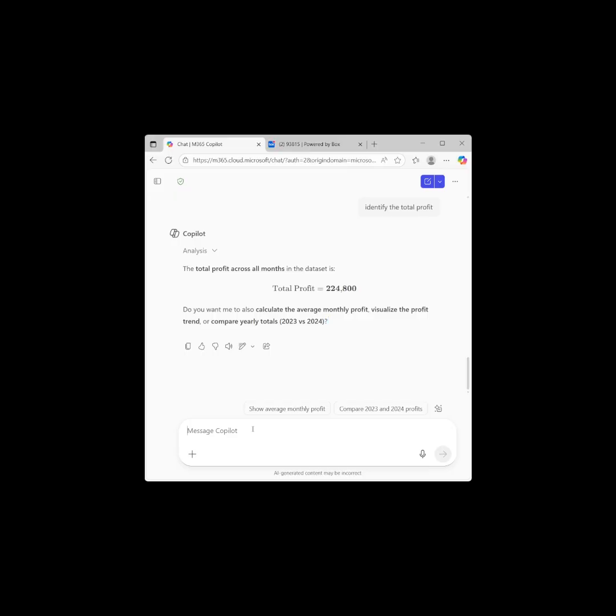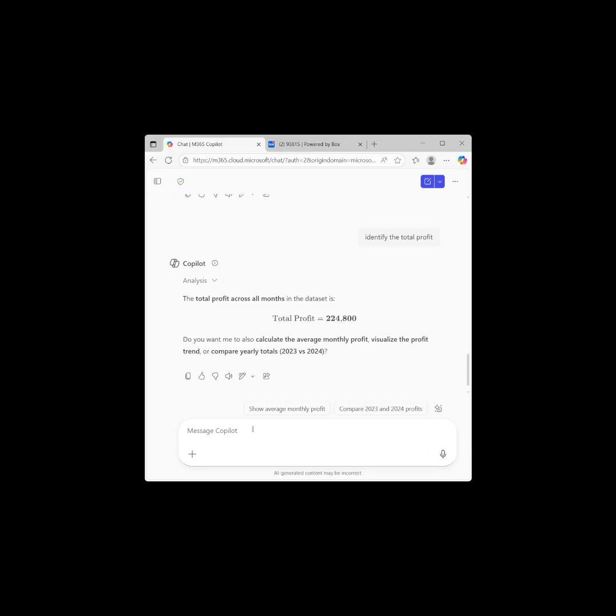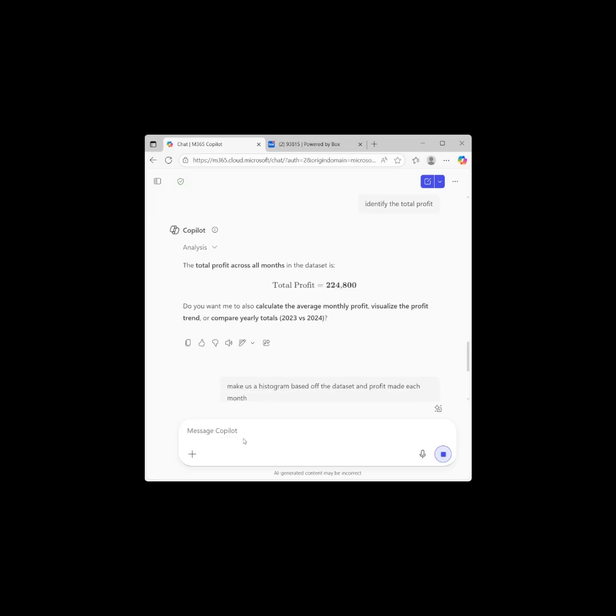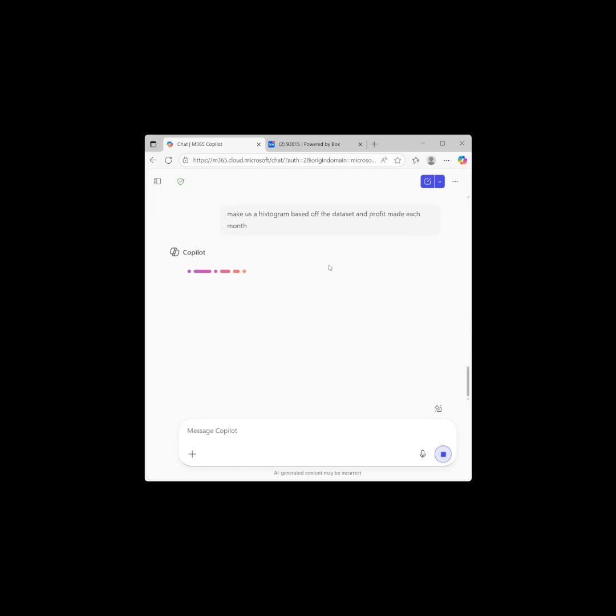So let's figure out what is affecting this, and to break it up even nicer for us, let's ask it to make us a histogram based off of the data set and profit made each month. So it's going to build us a histogram. This is just going to give us a visualization of what is happening with this table.